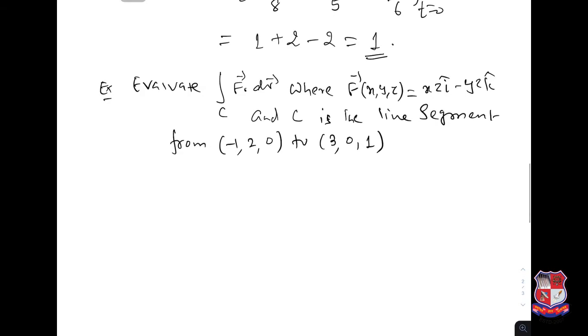So we need to parameterize this line segment.